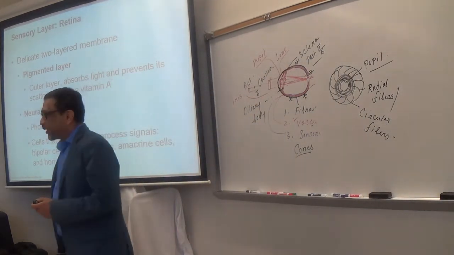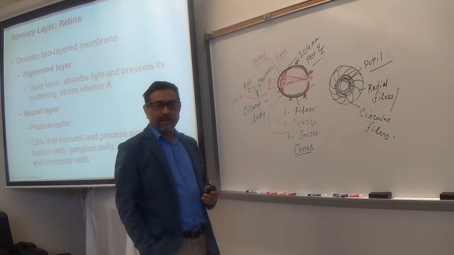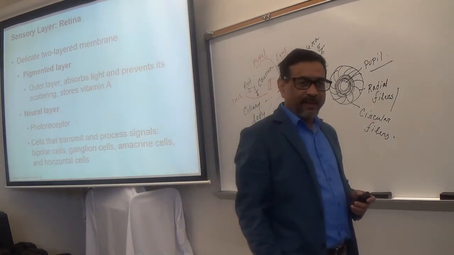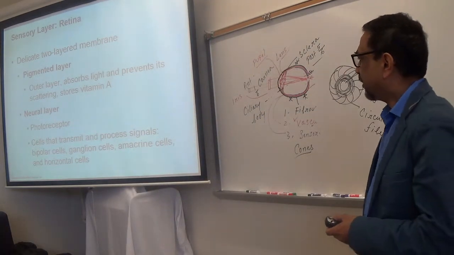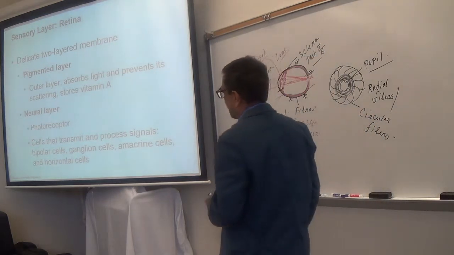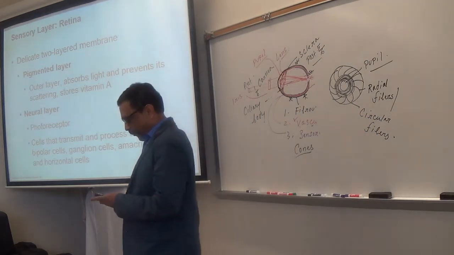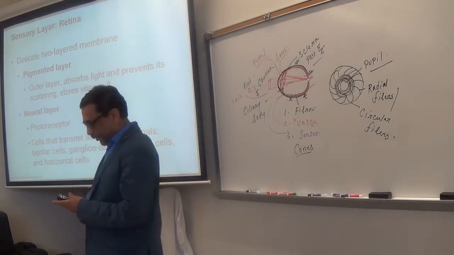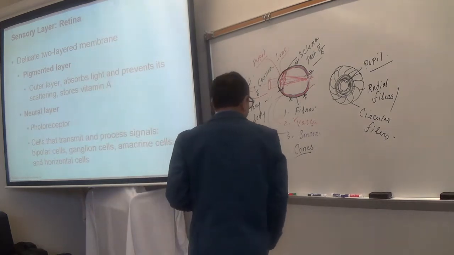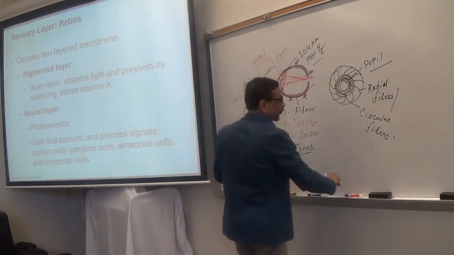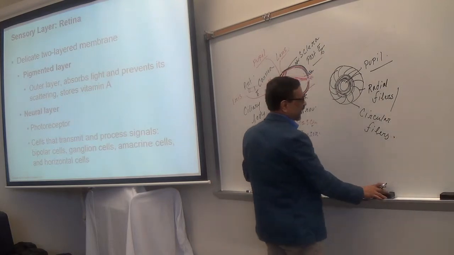The retina has two layers. The outer layer is called the pigmented layer, and the inner layer is called the neural layer. Just know that the pigmented layer contains a pigment that is called opsin.